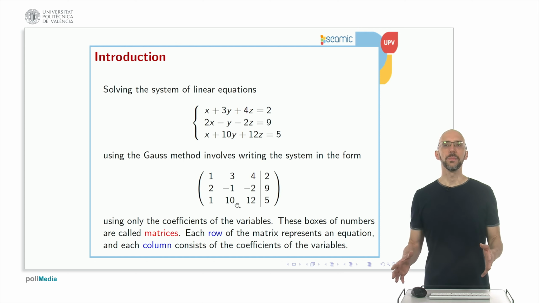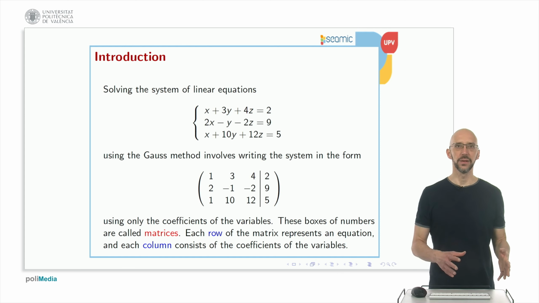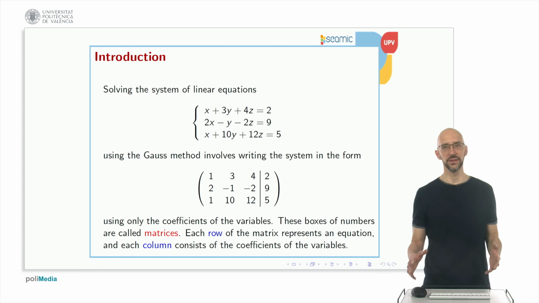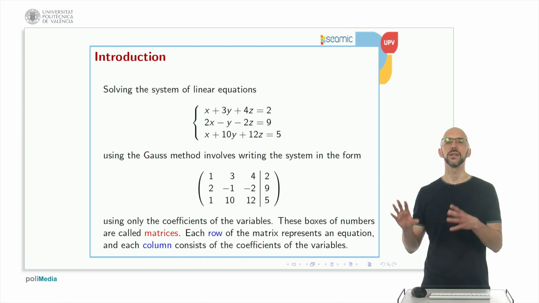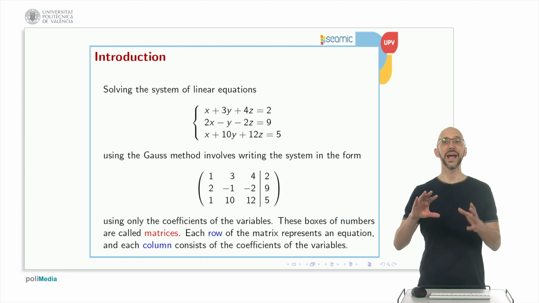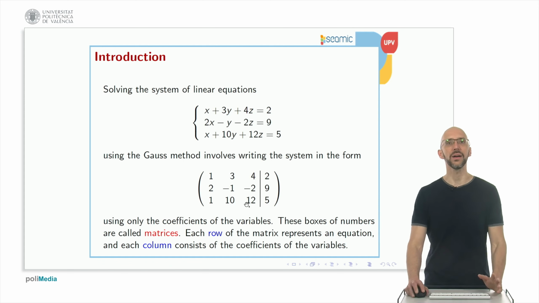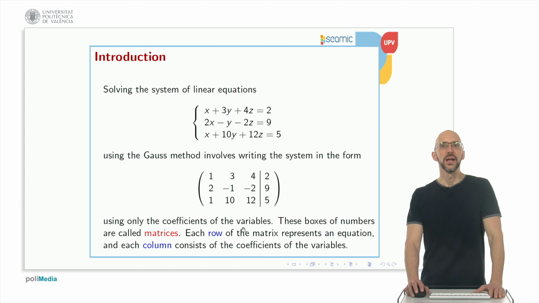It doesn't matter if the matrix does not come from a linear system. We can introduce matrices in general. In this case, I'm just taking a linear system from the beginning to help you remember that this can be done, but I could just have started with this matrix directly.